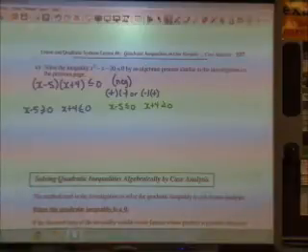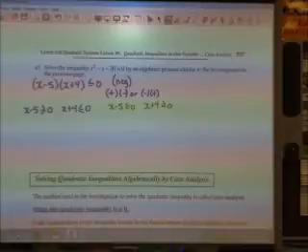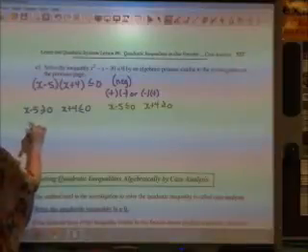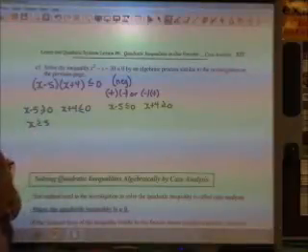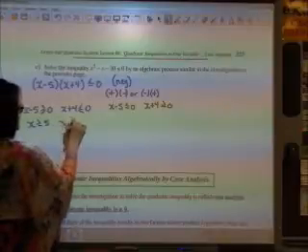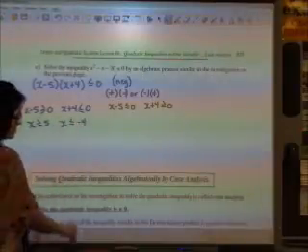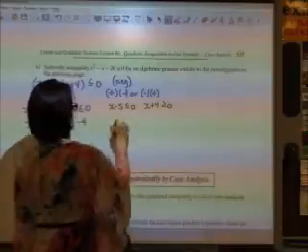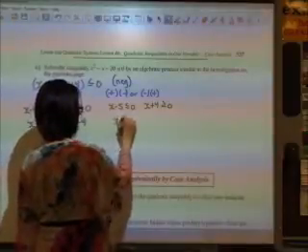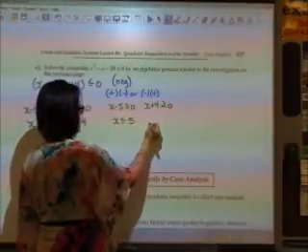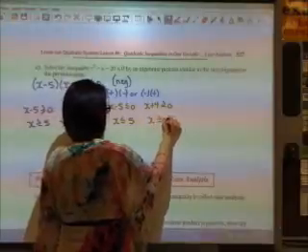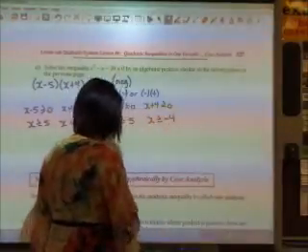So now we're going to go through and solve these 4 inequalities and see what we get. So I get x is greater than or equal to 5, x is less than or equal to negative 4, x is less than or equal to 5, and x is greater than or equal to -4.